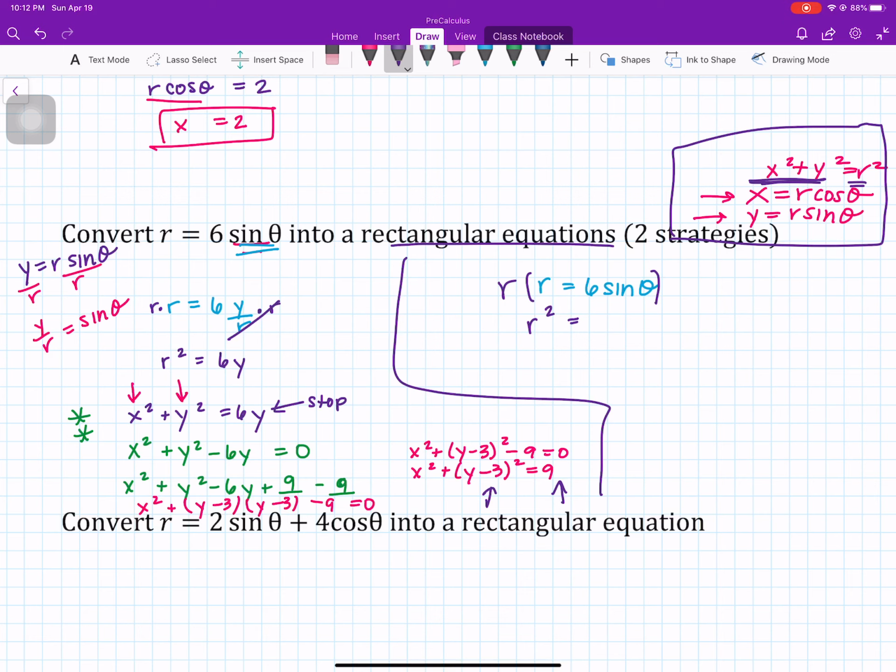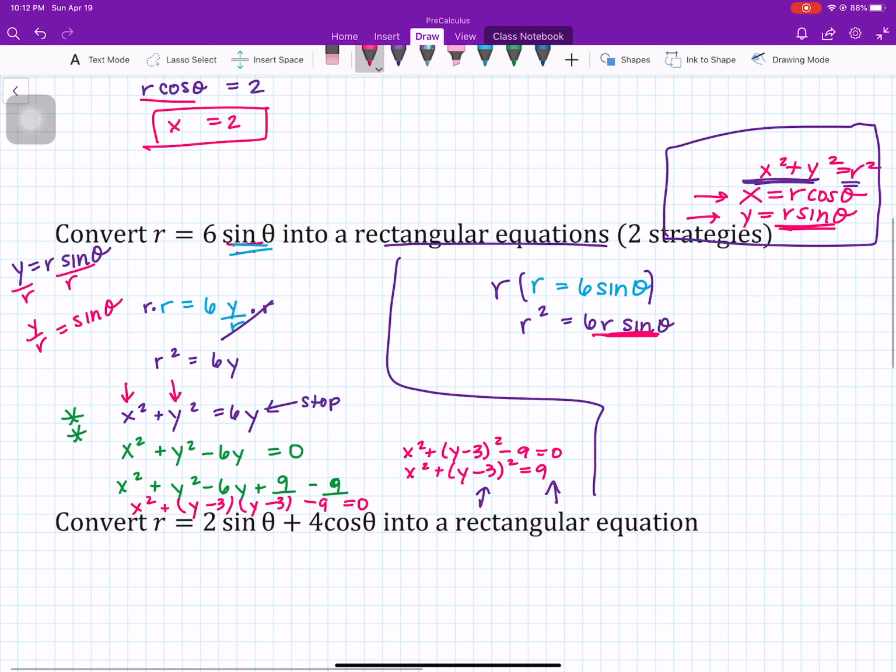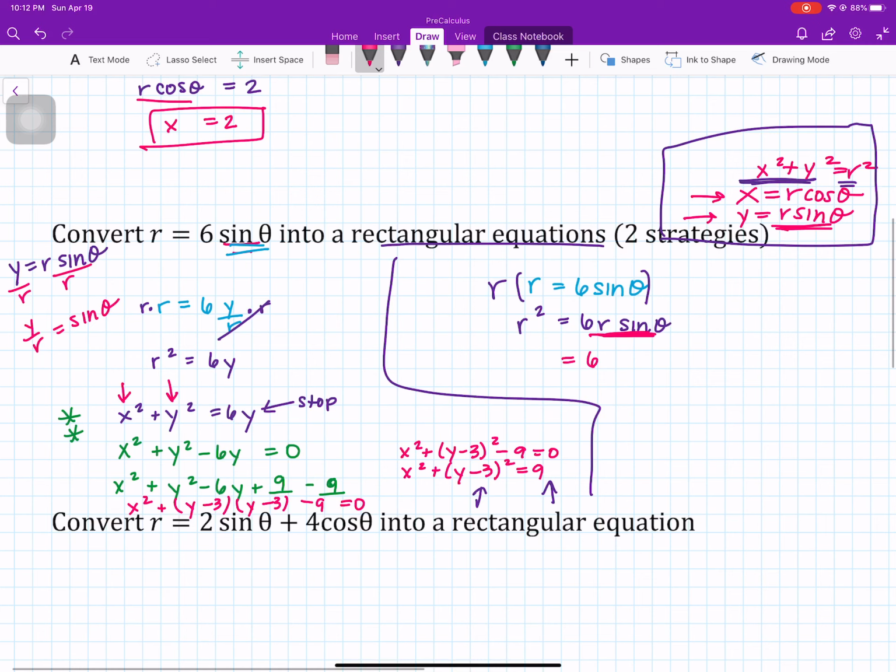So you get r squared equals 6r sine theta. Then you get the r sine theta, so you can swap it out with a y. And then you have r squared. Well, r squared we know is x squared plus y squared. You can do it both ways.